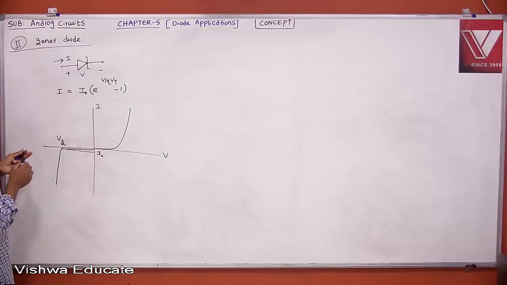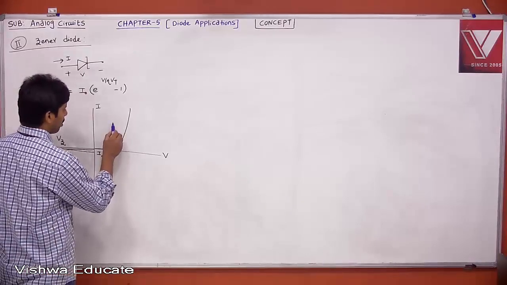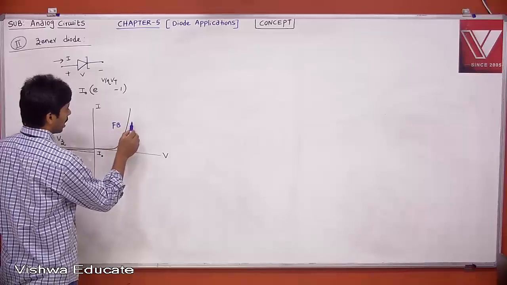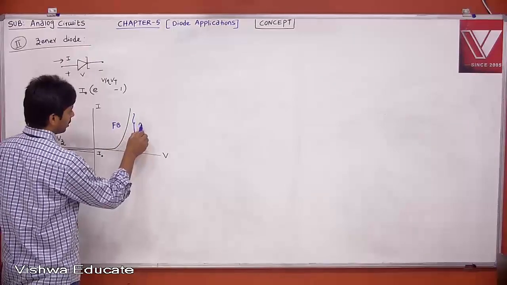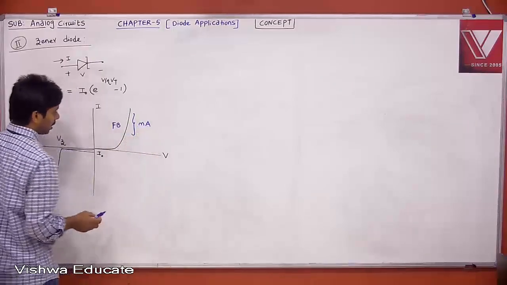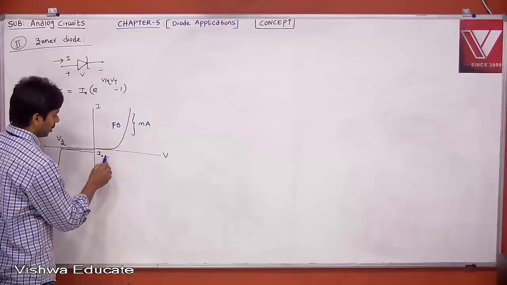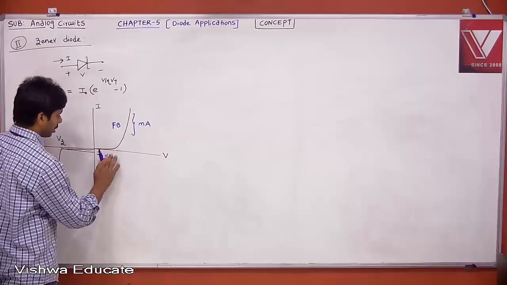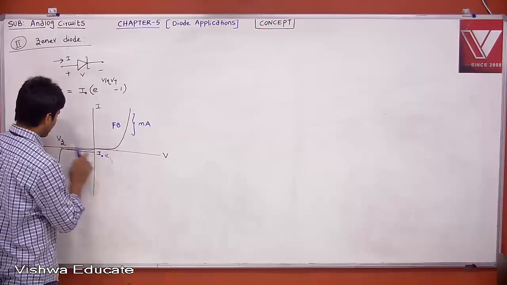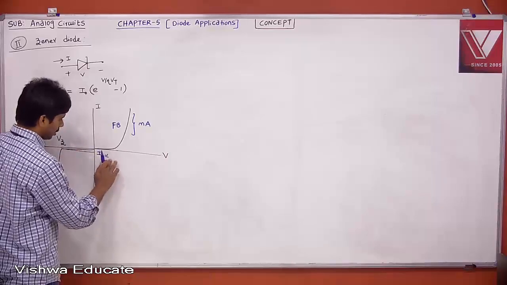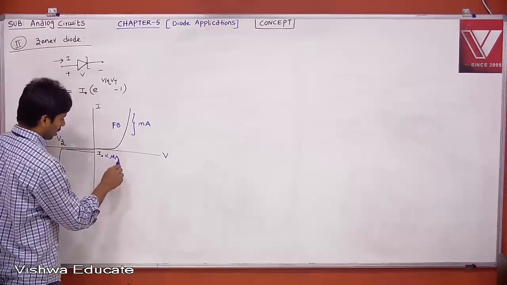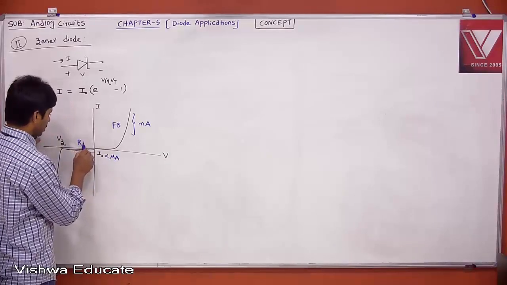Now with respect to the categories, this is your forward bias. Current will be in the order of milliampere. And now your I naught, the reverse saturation current, will be in the order of nanoampere or microampere, whatever you take. This is your reverse bias.